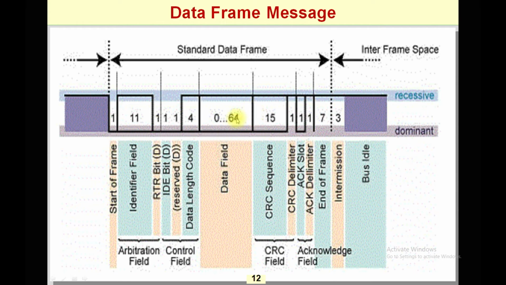So all the nodes will receive these bits, and after transmitting these 64 bits, it will check the cyclic redundancy check for errors. If there is no error, the receiving node will acknowledge through the acknowledgement slot, and then the end of frame will happen. So this is fantastic.